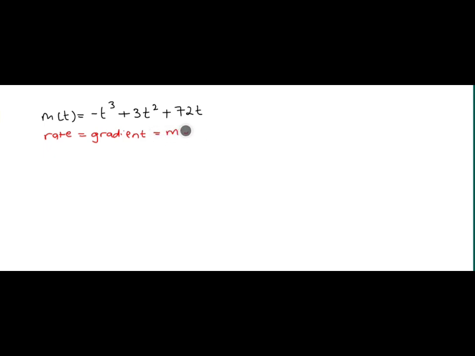It's a measure per time. This is what a rate is. In this case, they want to know the gradient, or the rate at which the number of molecules of the drug changes in the bloodstream.